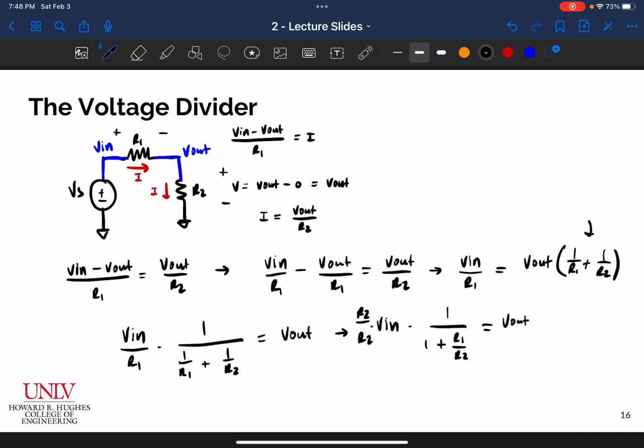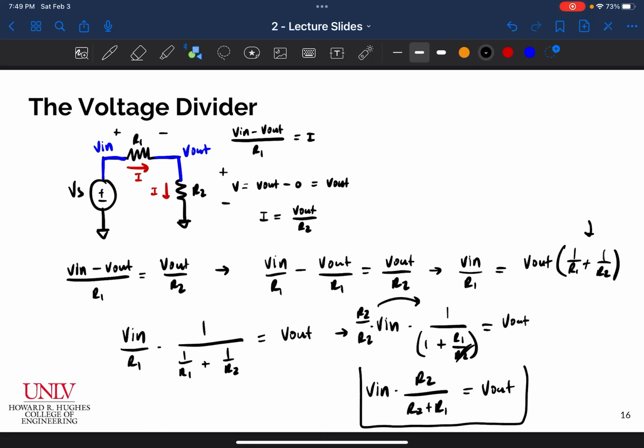And so now if I multiply R2 on the bottom, the fraction goes away, and I get V in times R2, because the R2 on top will stay, divided by, and R2 is going to distribute here, R2 cancels with this R2, and then I get R2 plus R1 equals V out. And that right there is my expression for any voltage divider.